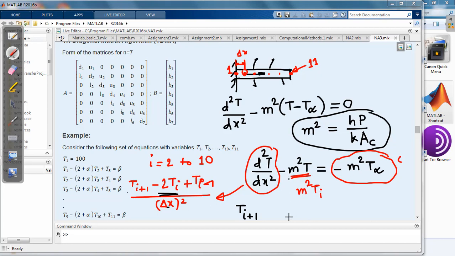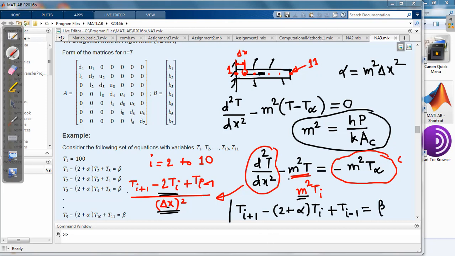If you write delta x square into m square as alpha, where alpha is m square into delta x square, then it is minus (2 plus alpha) into Ti, plus T(i-1), and that is equal to minus m square T infinity into delta x square. The whole thing you can replace by a quantity beta.